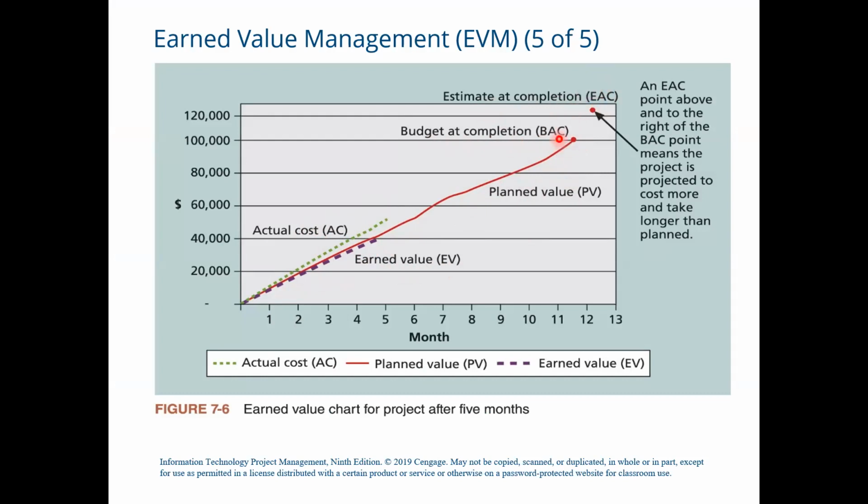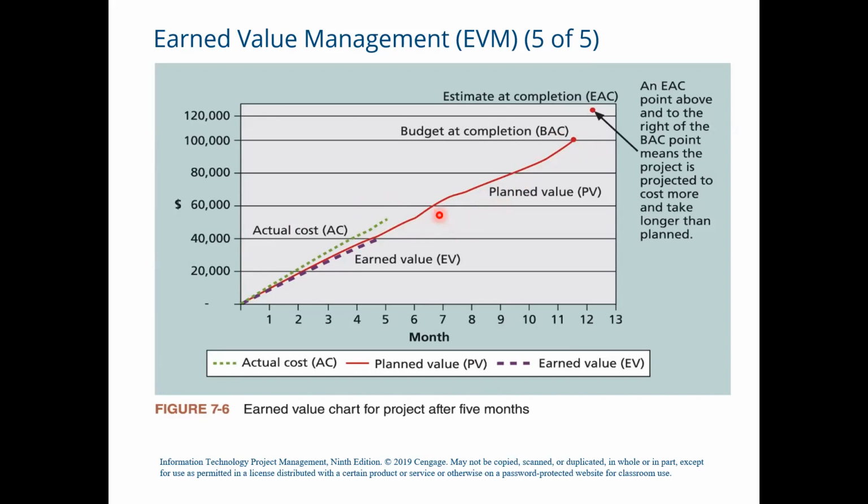When viewing the earned value information in chart form, it helps you visualize how the project is performing. For example, you can see the planned performance by looking at the planned value line, right? This is a visual representation of how the project is performing.